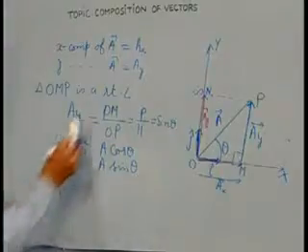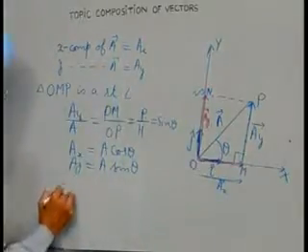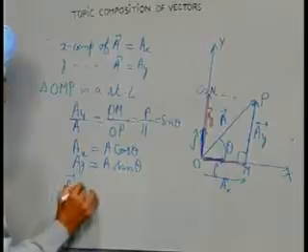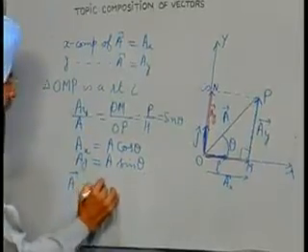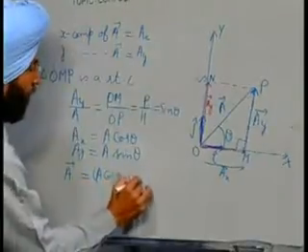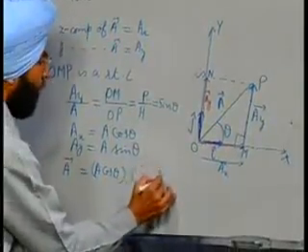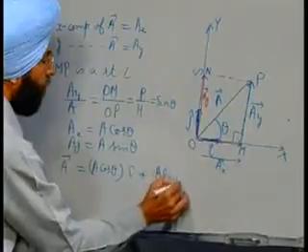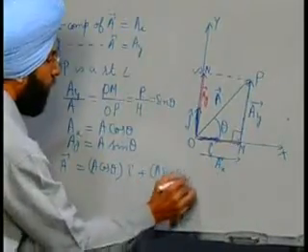So, we can write A vector is equal to A cos theta into i unit vector plus A sin theta into j unit vector.